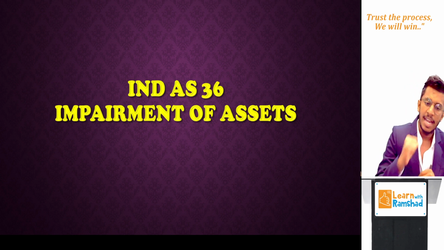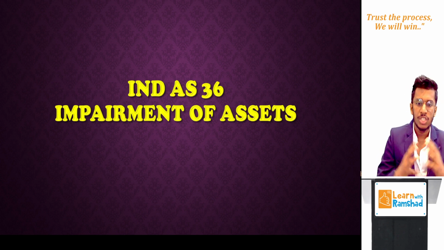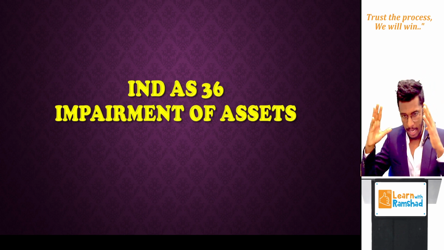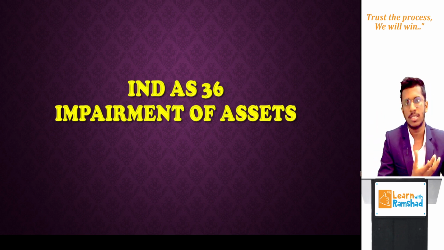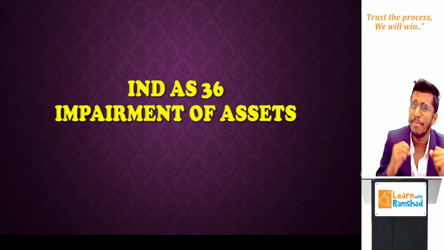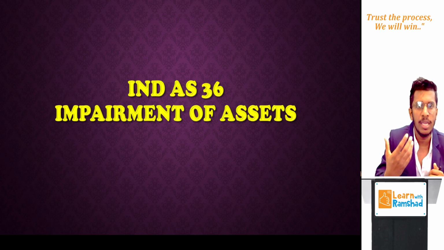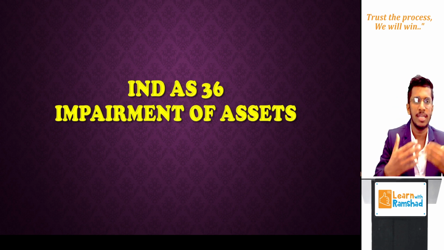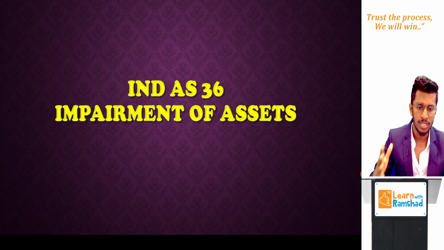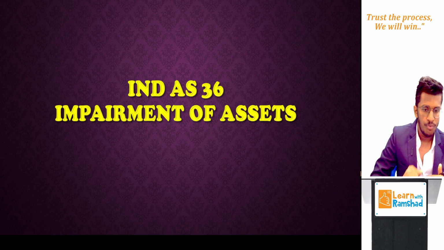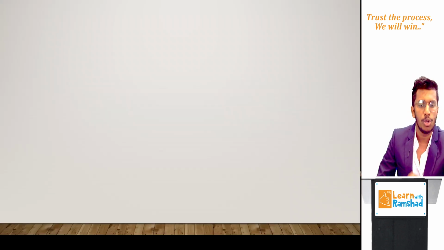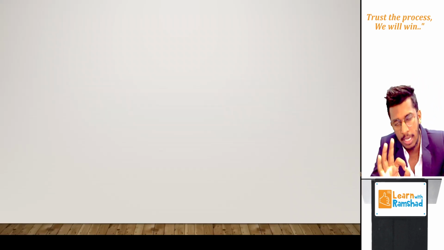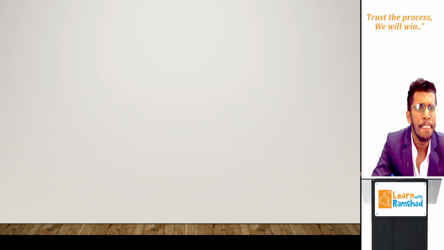Now the discussions will be in an order. First I'll discuss what exactly an impairment means, and then slowly I'll discuss how we calculate it, and then we slowly discuss the special matters and guidelines related to this standard. Ready? So first, officially, we move on to what an impairment actually means.